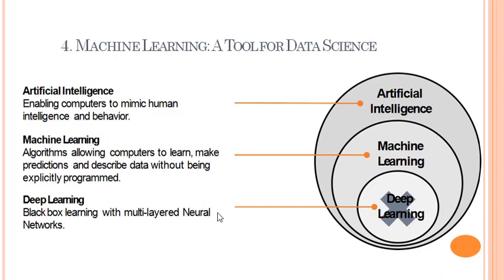Because in machine learning we usually have shallow neural networks, which mostly consist of 2 to 3 layers. But in deep learning, we have deeper neural networks, which can consist of more than 2, 3, or 4 layers. So it's a multi-layered architecture, designed to solve more advanced and complex problems.